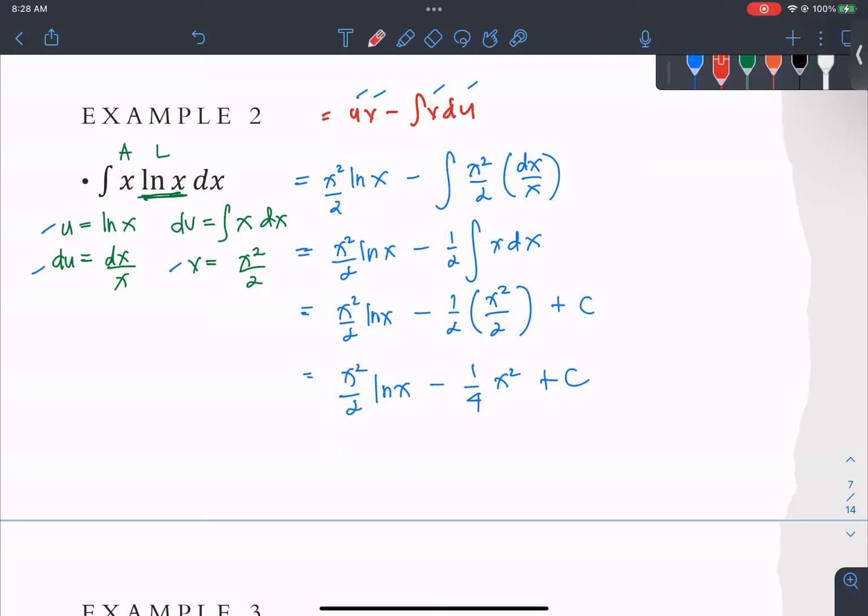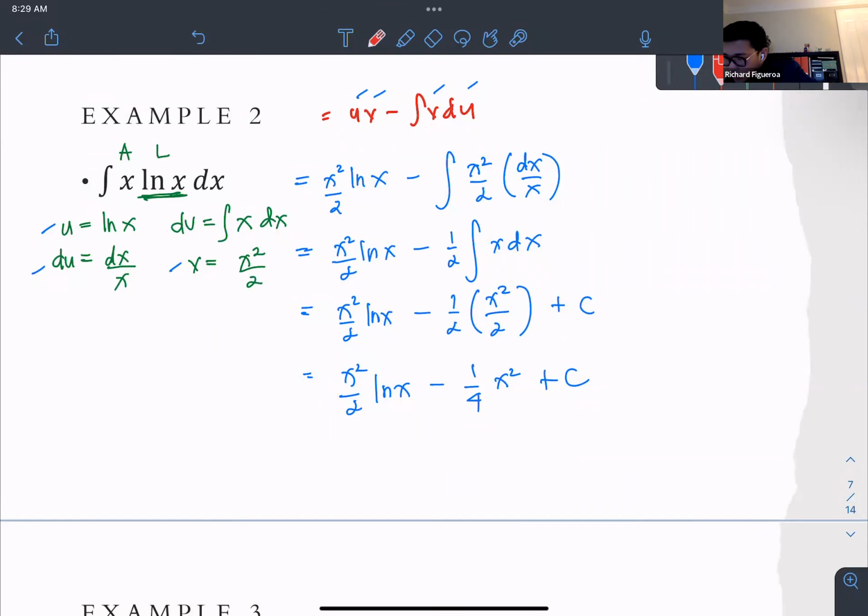Sir, question po. Yes? Yung sa UV, sir, minus integral of v derivative in respect to derivative of u. Sir, bakit po sa part ng UV, yung first term po, bakit x squared over 2? Hindi po ba dapat x ln x yung unang term? Sorry.